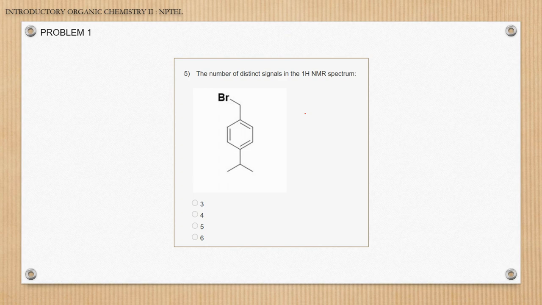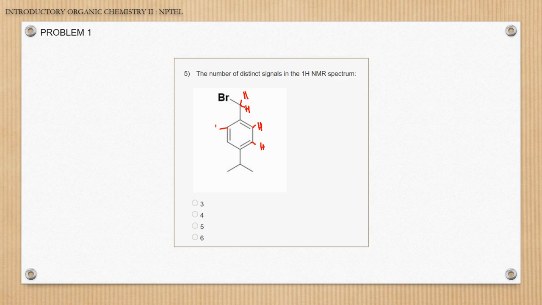Try not to type, just unmute yourself and tell me. So how many CH2s are there? One. So this is 1 CH2 that is present here. How many aromatic CHs? 4. Right? These are the 4 aromatic CH which are present.